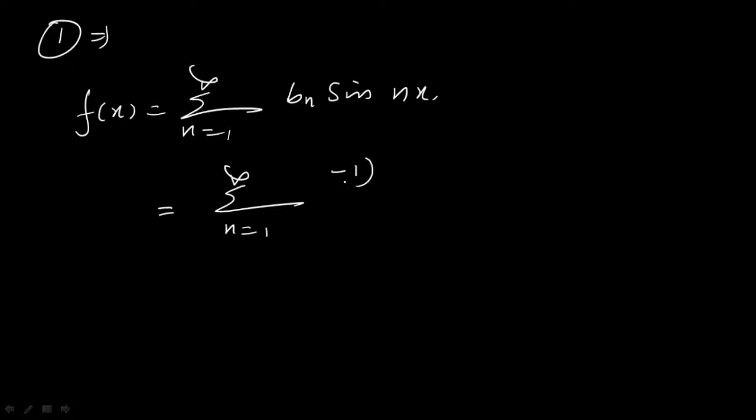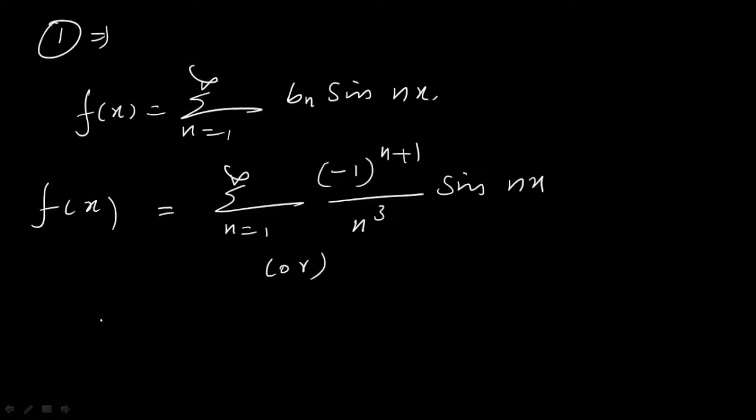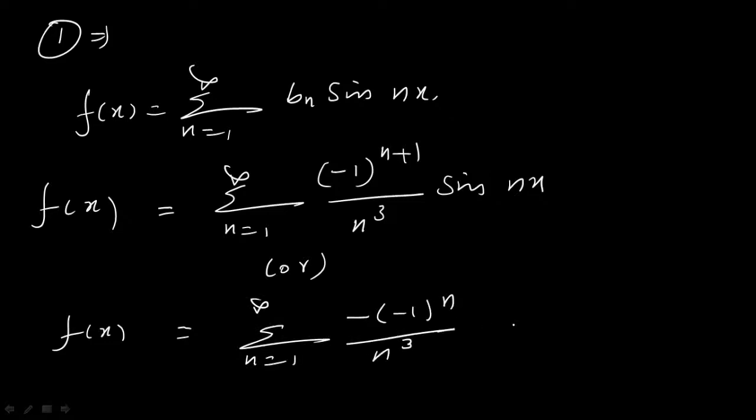So either I can write this as minus 1 whole power n plus 1 divided by n cube sin nx, or you can write your f of x as sigma n varies from 1 to infinity minus of minus 1 whole power n divided by n cube sin nx. Both are equivalent. Okay. So that's all.